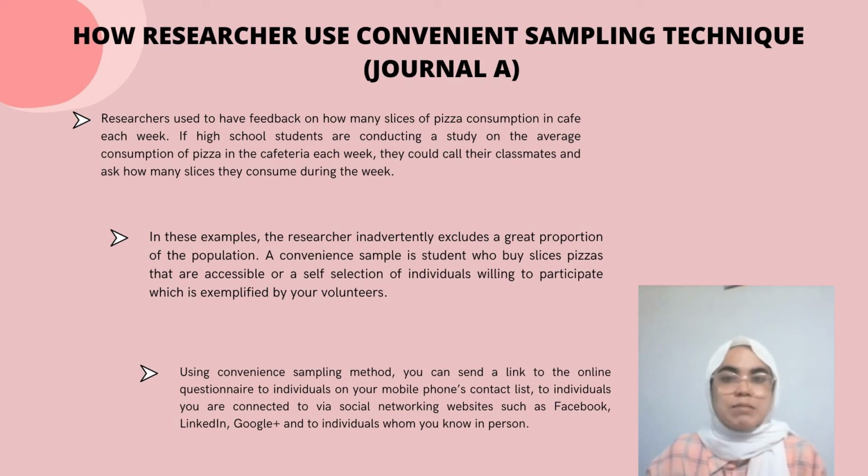In this example, the researcher inadvertently excludes a great proportion of the population. A convenience sample is students who buy pizza slices that are accessible, or a self-selection of individuals willing to participate, which is exemplified by your volunteers.